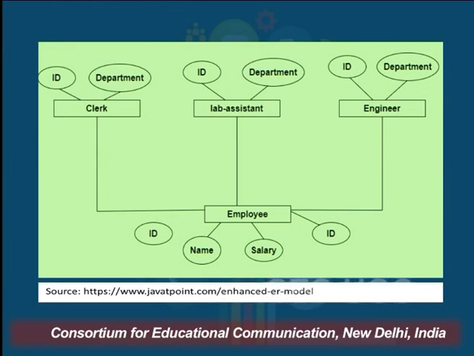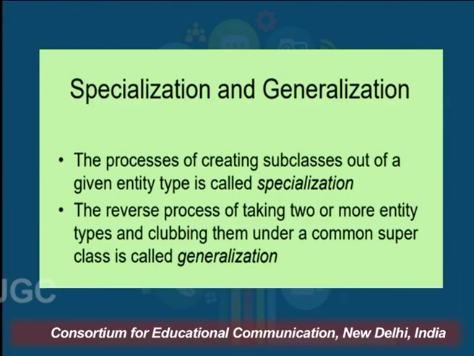One is clerk, another is lab assistant, and the third is engineer, with ID and department as the attributes of clerk, lab assistant and engineer. This is how we can understand subclasses and superclasses, and we will be covering generalization and specialization soon.